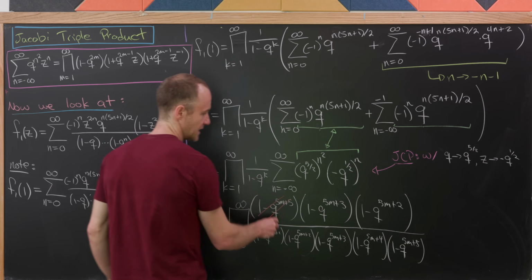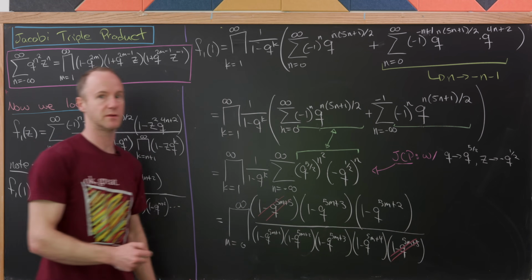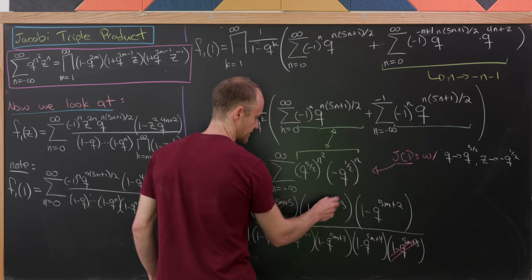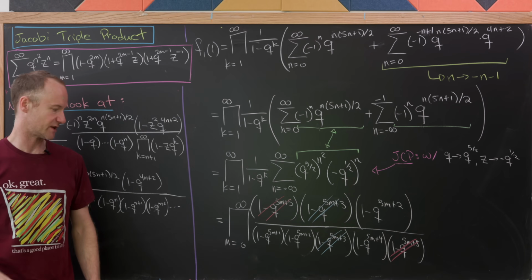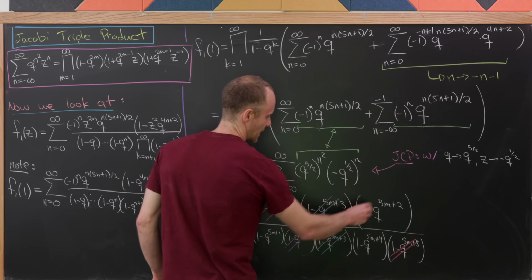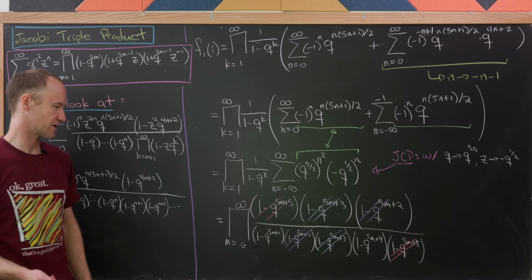But now let's observe that some stuff cancels. This term cancels with this term, the 5m plus 5 terms. In other words, the product over multiples of 5. The products over things of the form 5n plus 3 cancel each other. And then finally, the things of the form 5m plus 2 also cancel each other.